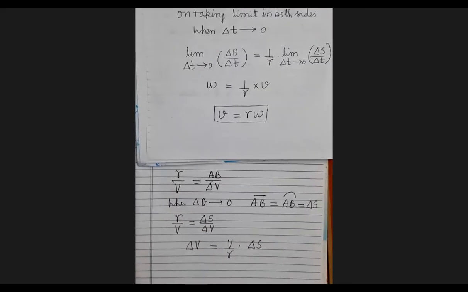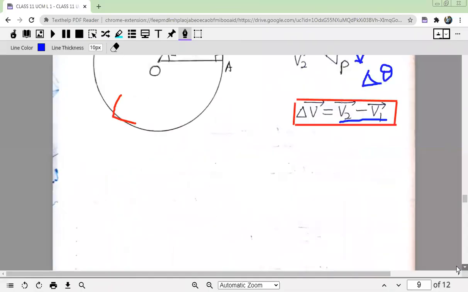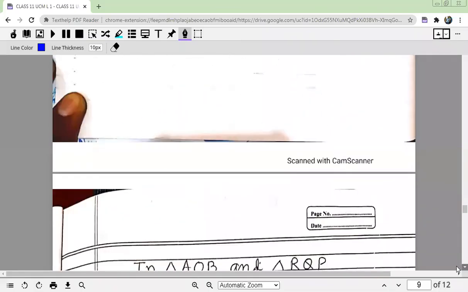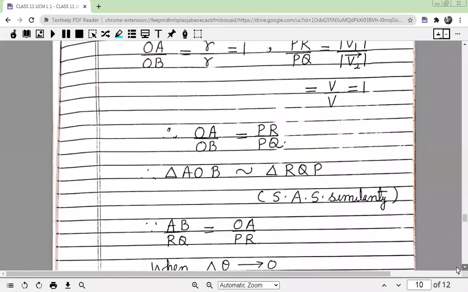So you can see here, I have written everything.